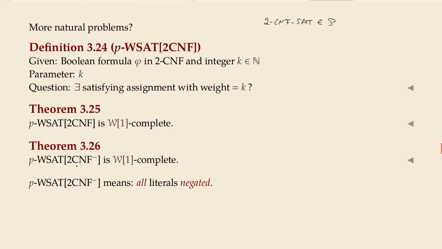An example of such a formula would be not x1 or not x2, and not x2 or not x3, and so on. It's actually a pretty simple form, and even this restriction is again unintuitive, that this shouldn't be easier to solve, but it's not easy to solve.